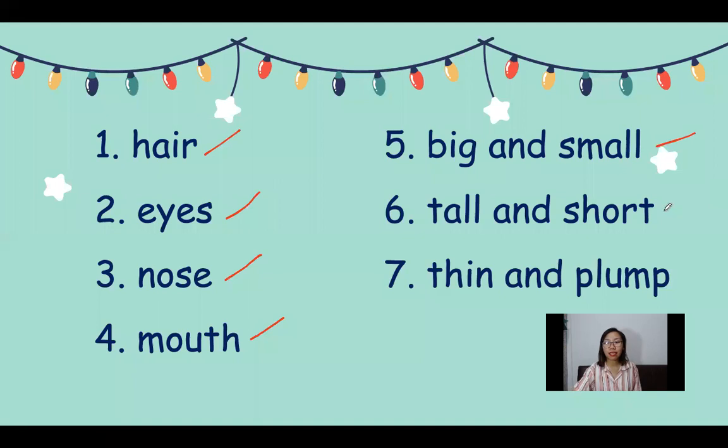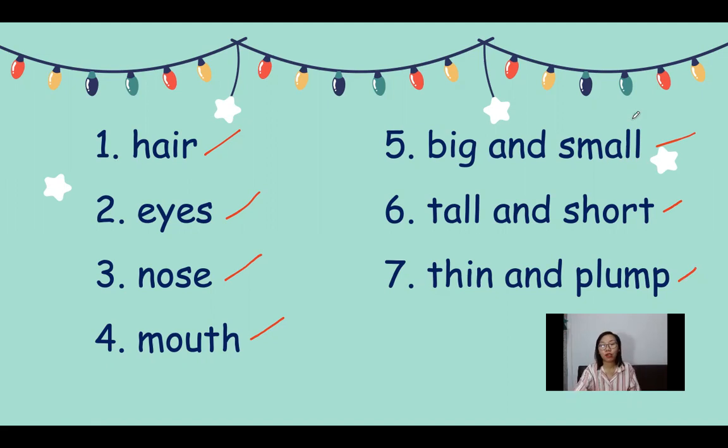Number six, tall and short. And number seven is thin and plump. Okay, again, one more time. The hair, eyes, nose, mouth, big, small, tall, short, thin, and plump.